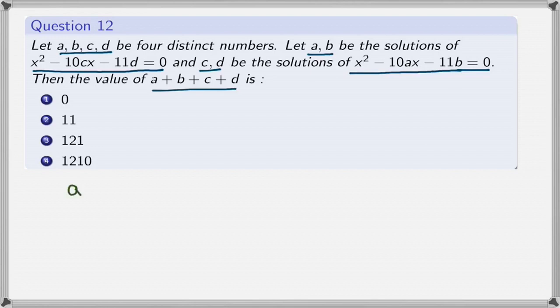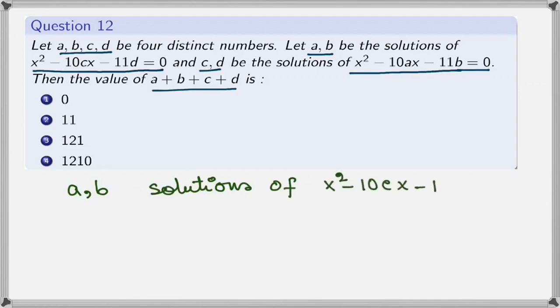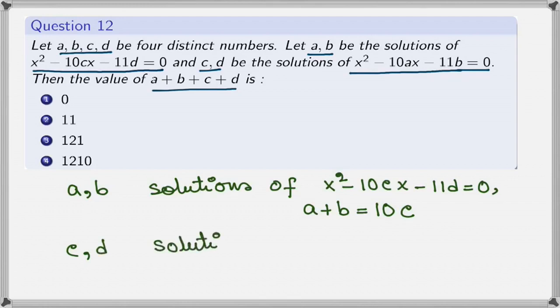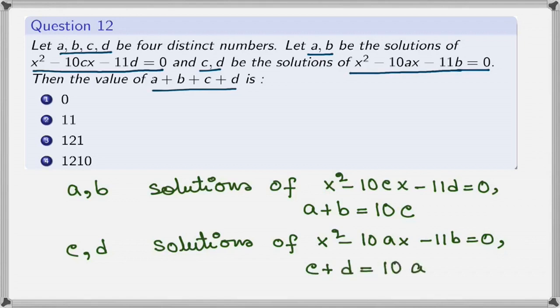Since we know that a, b are the solutions of x square minus 10cx minus 11d is equal to 0, we can write a plus b is equal to 10c. And since c, d are the solutions of x square minus 10ax minus 11b is equal to 0, we can write c plus d is equal to 10a.